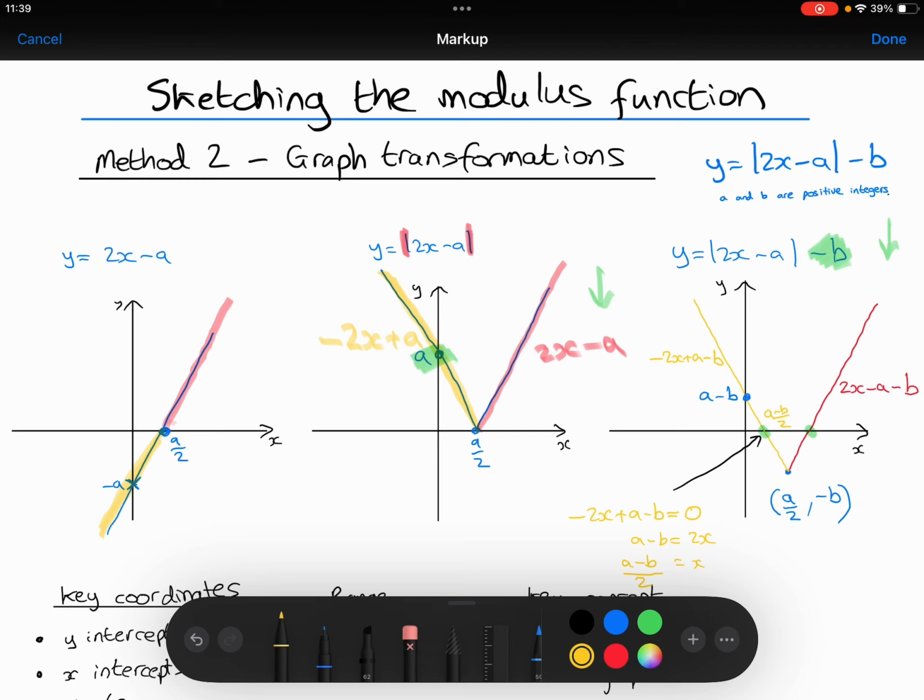That's one of my x-intercepts. The other x-intercept here is where the red line has got y coordinate 0. Add the a and the b to both sides, divide both sides by 2, and I find that that coordinate then is a plus b over 2.